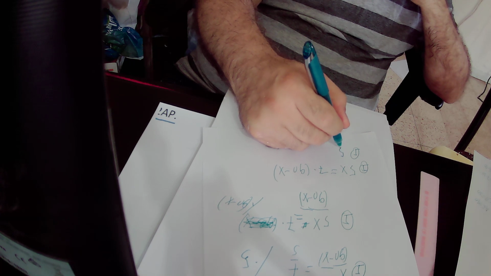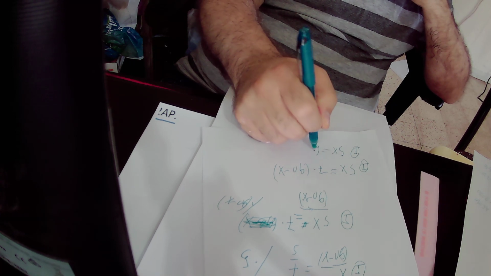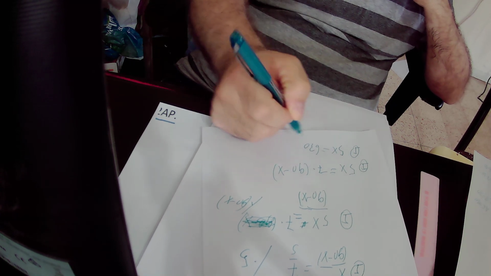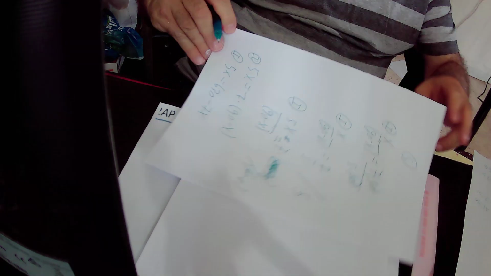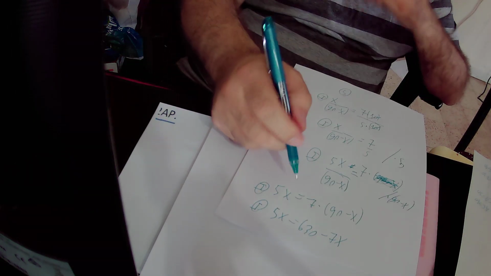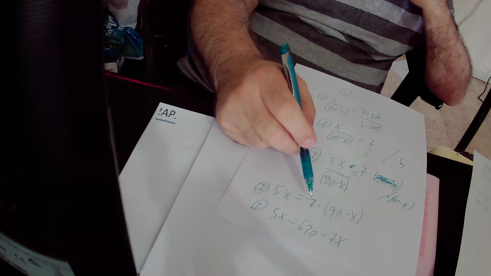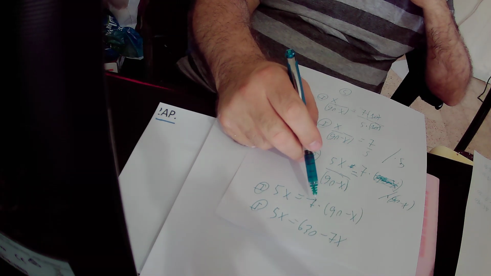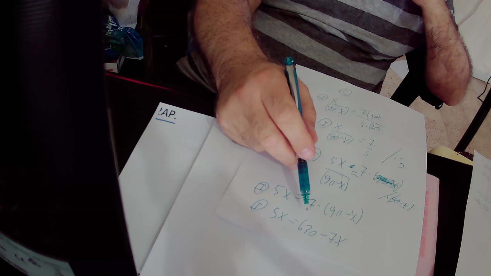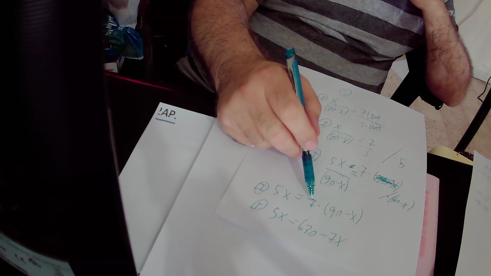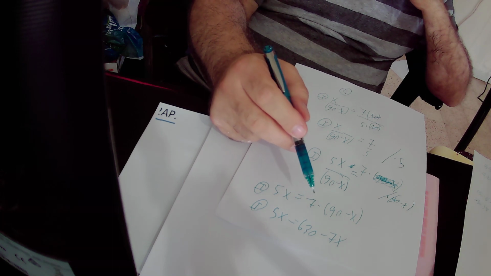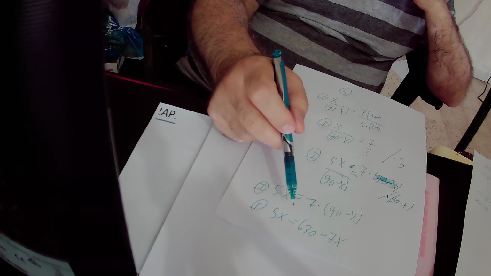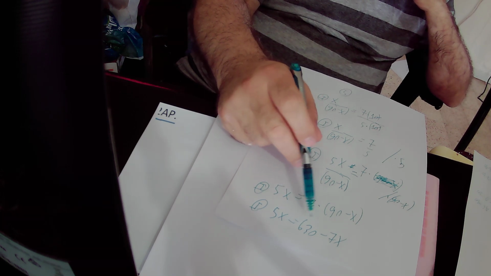We get that 5x equals 630 minus 7x. Okay, here we open the brackets. So 7 times 90 equals 630, and 7 times minus x equals minus 7x. Now we will add 7x to both sides of the equation.